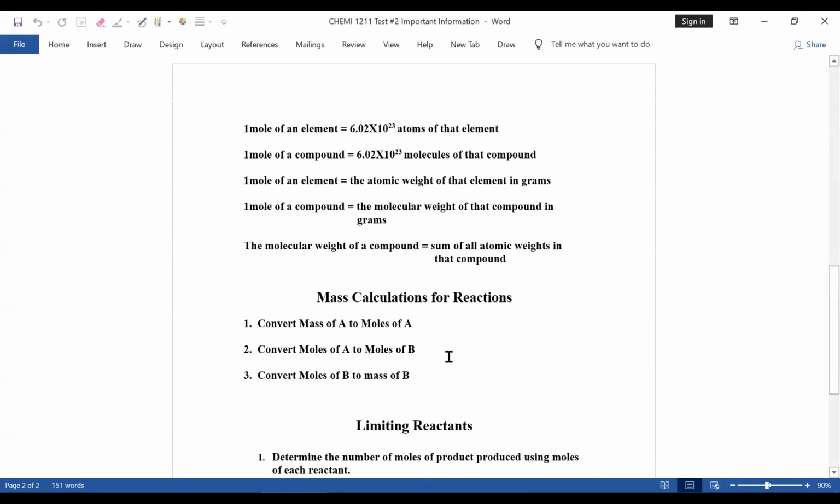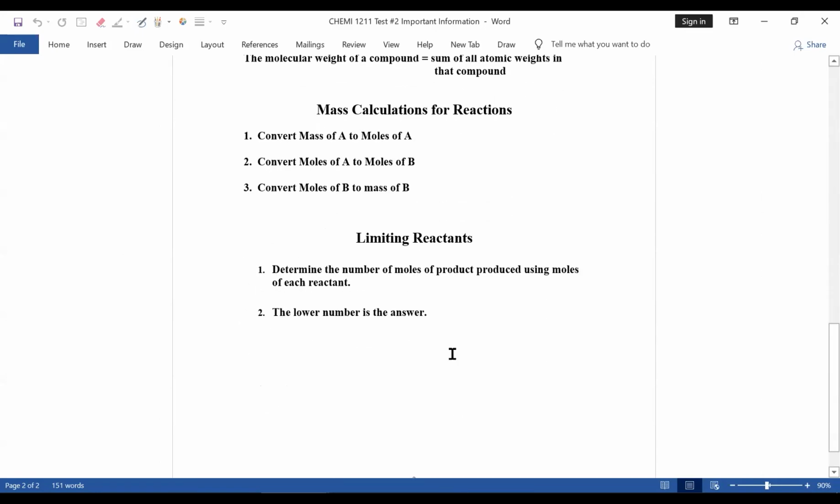I also don't talk about how to balance the chemical equation. Don't forget, use hydrogen and oxygen last. Also, don't forget about my even-odd trick, which I taught you. And finally, here's limiting reactants, which we just talked about.